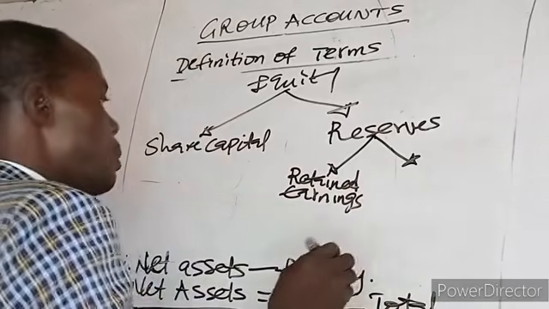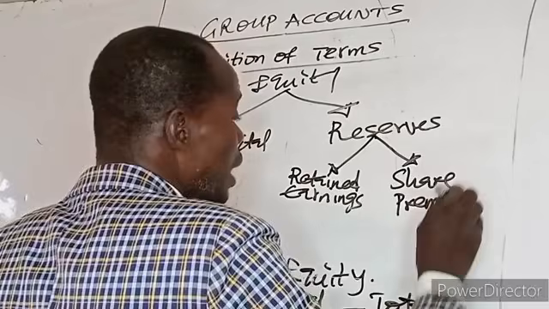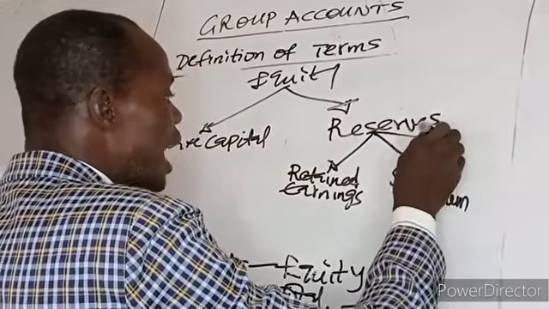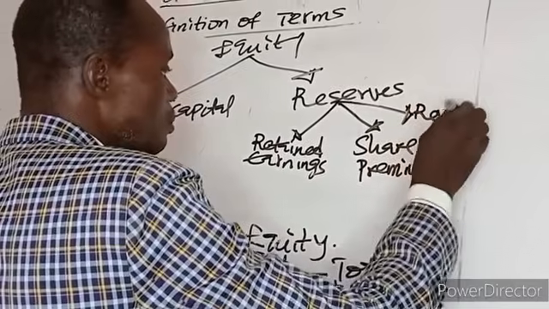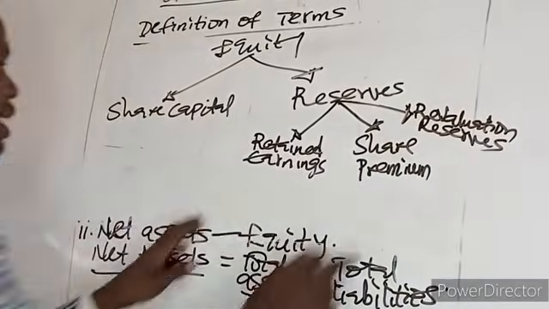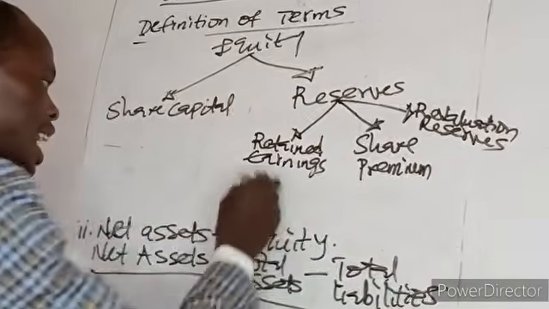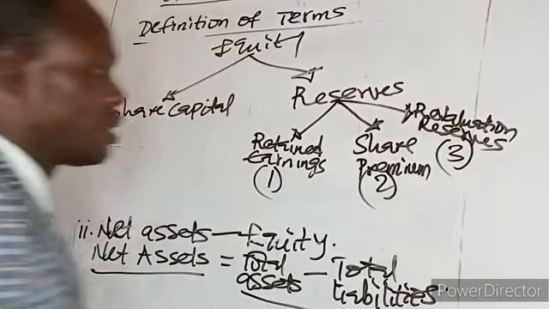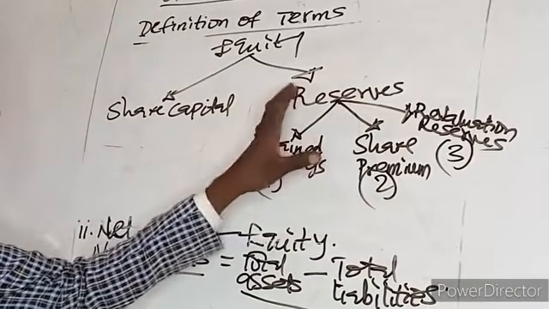Then you may also have the share premium, which is also a reserve, and other components of equity or revaluation reserves. So I'm going to categorize reserves into 3: retained earnings as number 1, share premium as number 2, and revaluation reserves as number 3.